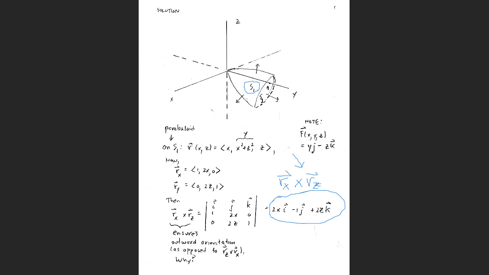Which of the components can you tell quite easily is going to be true: the 2x, the -1, or the 2z? Look at the surface S1, the paraboloid, and think about 2x i minus 1 j plus 2z k. How do I know that that cross product vector in that order, Rx cross Rz, has outward orientation?